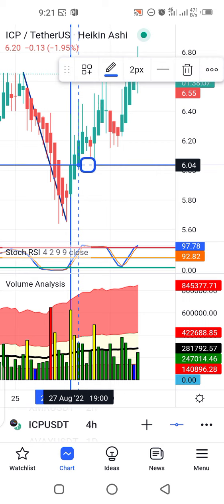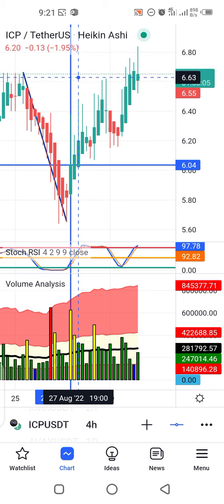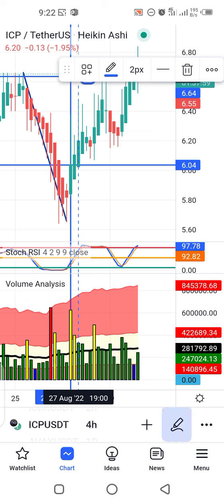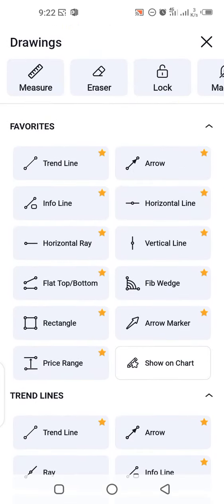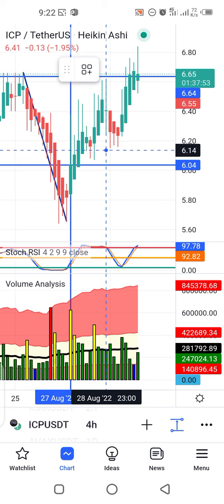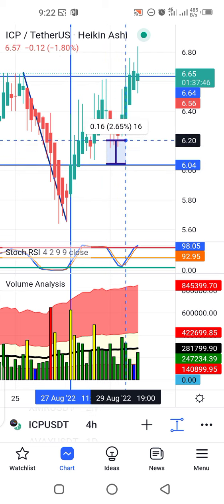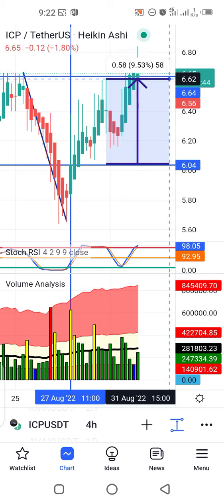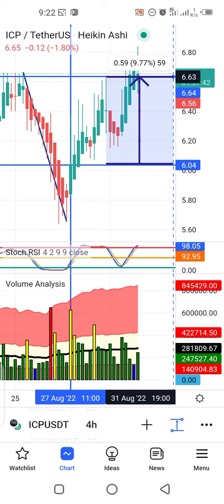Then I draw my second line where the downtrend started from, which is basically here. Then I pick my price range, and I press my dot where the first horizontal line started from, to where the downtrend started, and this trade has delivered 9%.